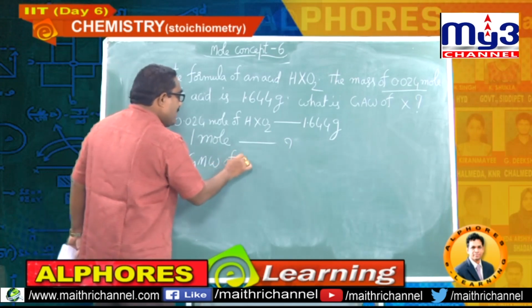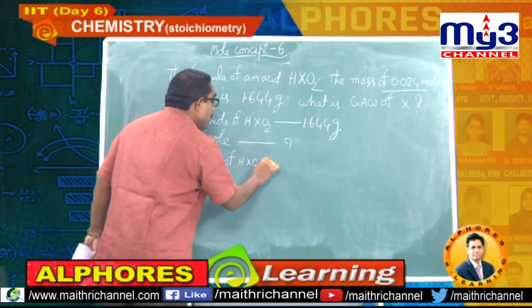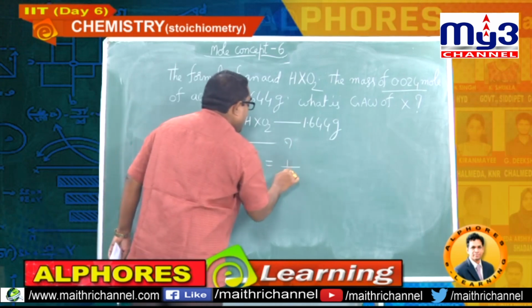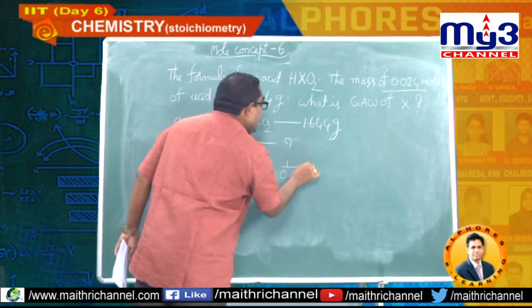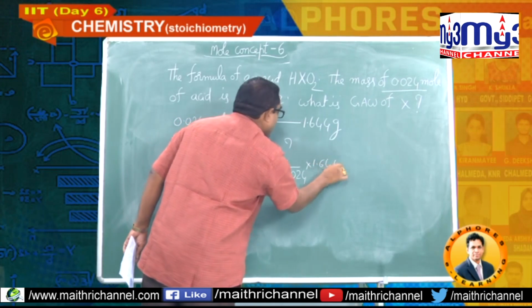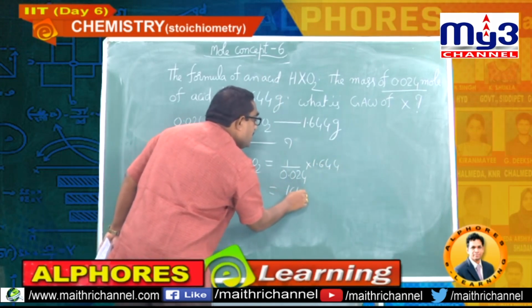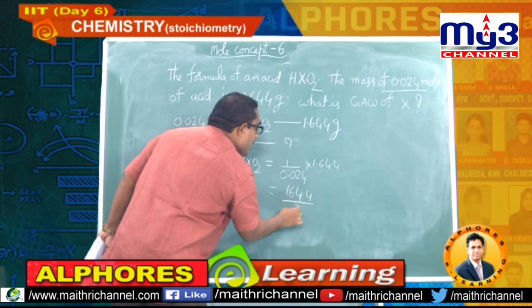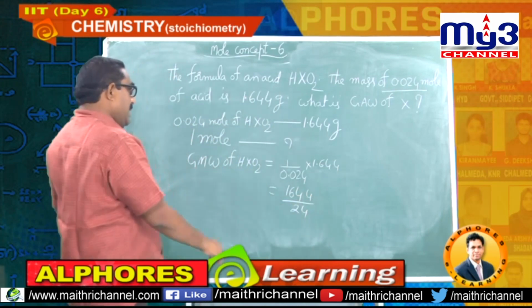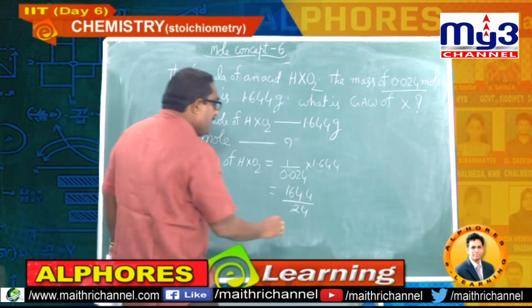That's what we are calculating now. Right. 1 by 0.024 into 1.644, that is 1644 divided by 24. Right, I am calculating.